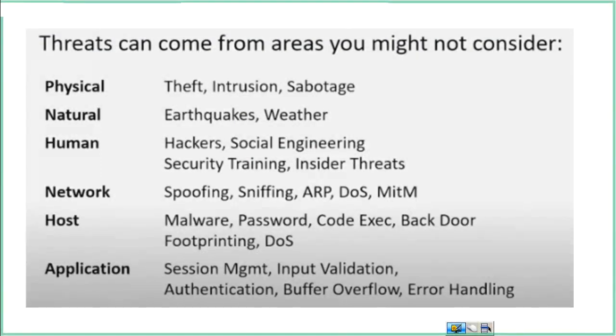Then network threats will also be there. Human threats means some people do social engineering and apply what they have learned on us. Or some person who is working for company X but came into our company internally and is giving all the information to company X. That is called an insider threat.